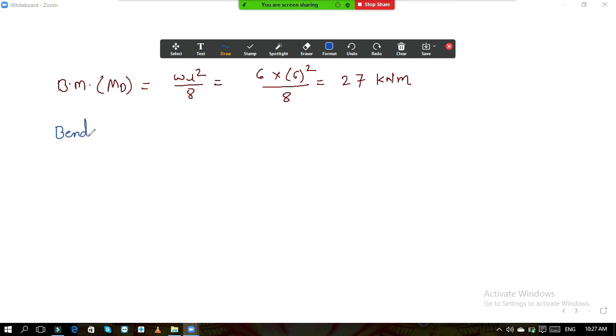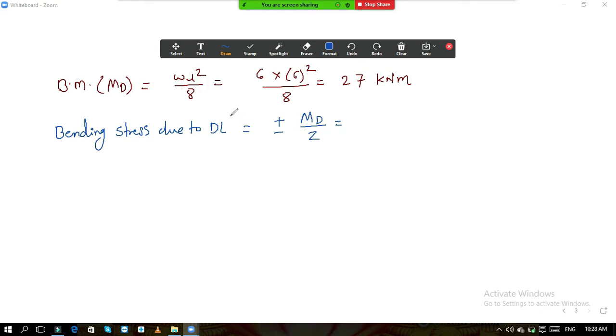So the bending stress due to dead load is equal to, what is the formula, plus minus MD by Z. Why is it plus minus? Because dead load is acting downward and it will bend the beam in sagging profile.